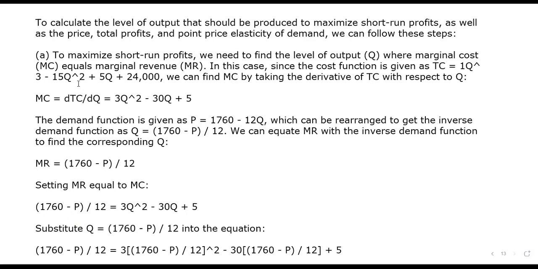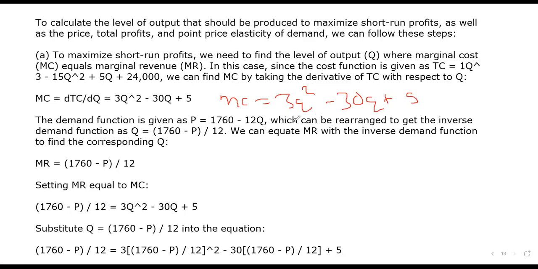q cubed minus 15q squared plus 5q plus 2400. We need to find the marginal cost first by differentiating this. So the derivative of this cost function, the marginal cost, will be 3q squared minus 30q plus 5.